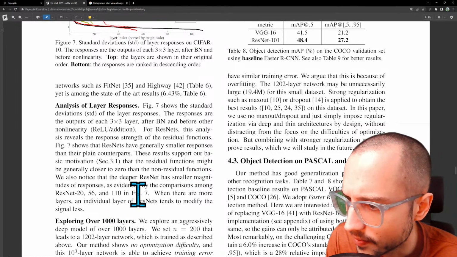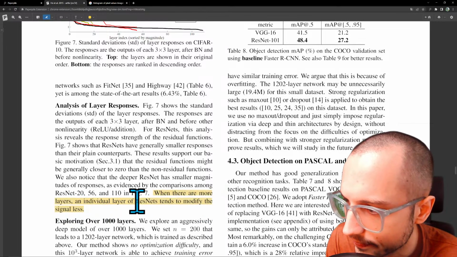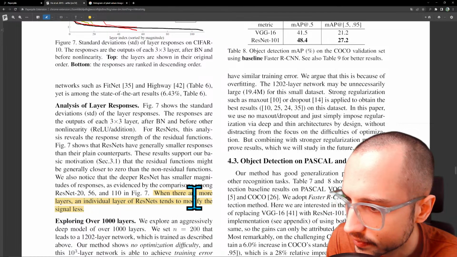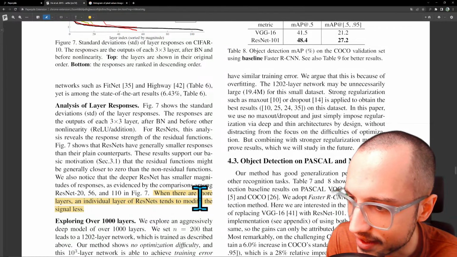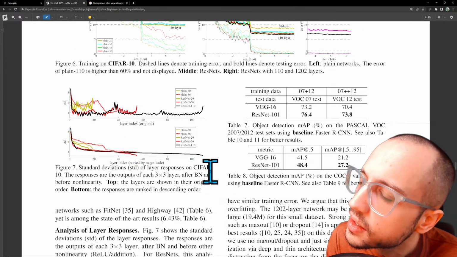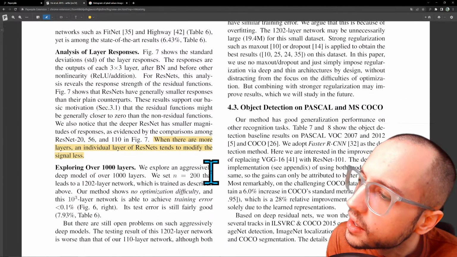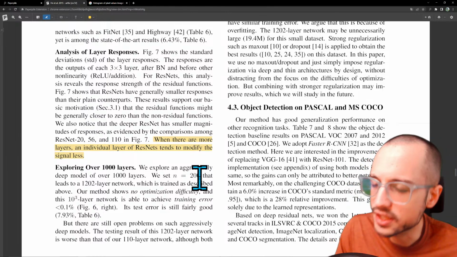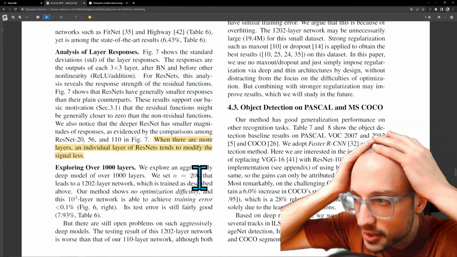When there are more layers, an individual layer of ResNet tends to modify the signal less. Okay, that's kind of more interesting. There's an incredible depth to that statement.